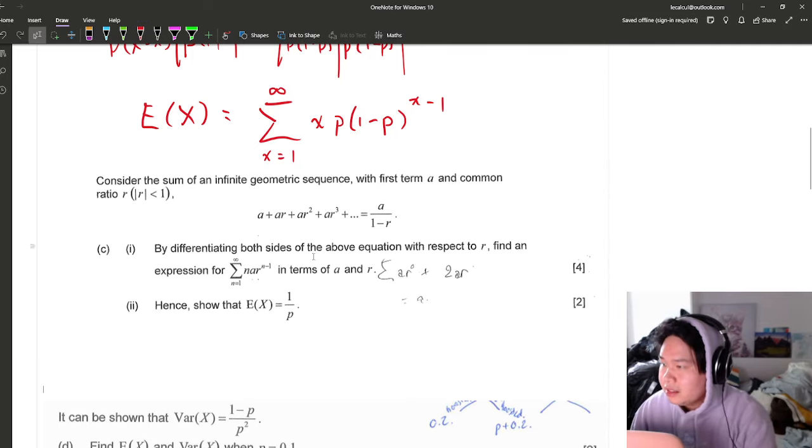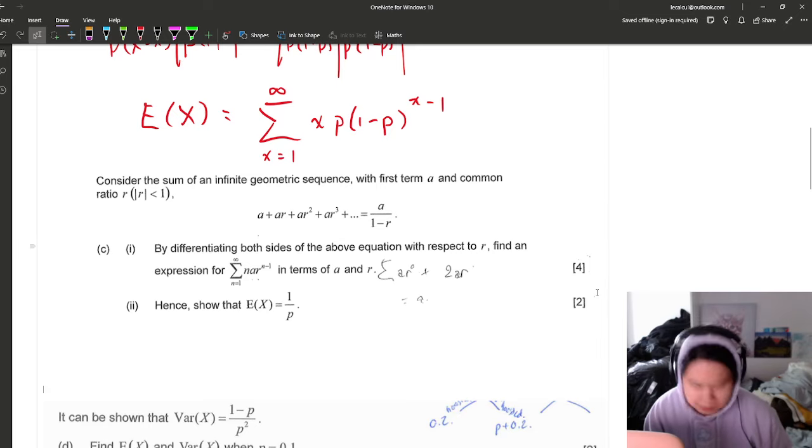And then consider an infinite geometric sequence like this. This is the summation formula. By differentiating both sides in the above equation with respect to r, find an expression for this in terms of a and r. Okay, so I guess we'll take the derivative.